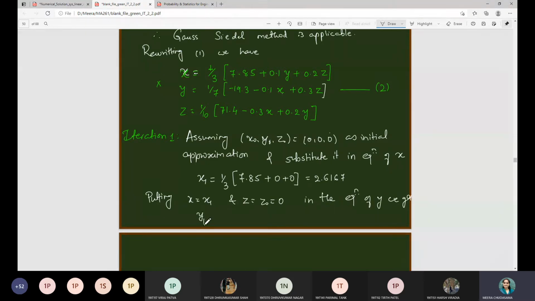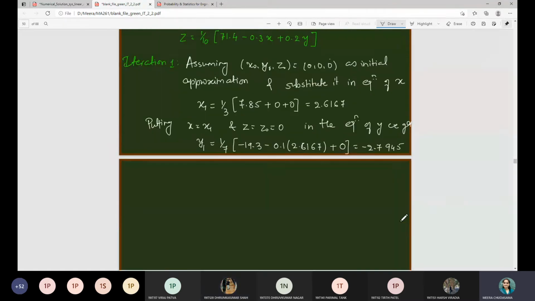That newly approximation and we will denote it with y1, that is equal to 1 upon 7 minus 19.3 minus 0.1x. प्रीवियस केस में हम यहाँ पर 0 ही लिखते थे प्रीवियस मेथड में, बट राइट नाउ वी हैव टू राइट डाउन द न्यू अप्रोक्सीमेटेड वैल्यू दैट इज 2.6167 plus 0.3 into 0, so it is 0. So evaluate it and let me know the answer. Minus 2.7945.